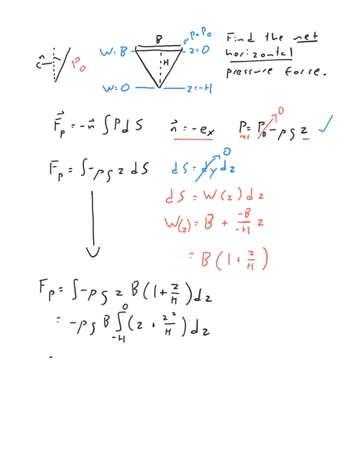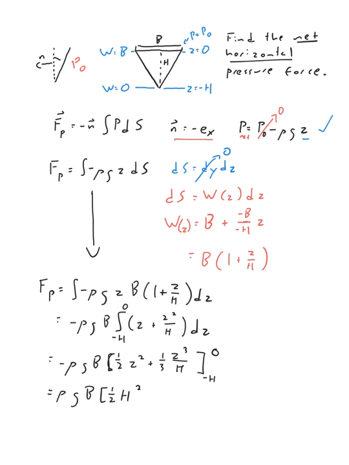Okay, and we get negative rho gb times 1/2 z squared plus 1/3 z cubed over h, evaluated from negative h to 0. So we have 0 minus a negative, so positive, is equal to rho gb times 1/2 h squared.